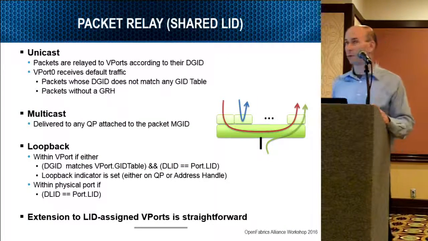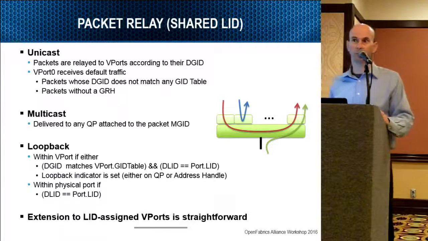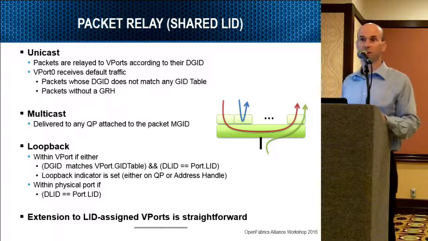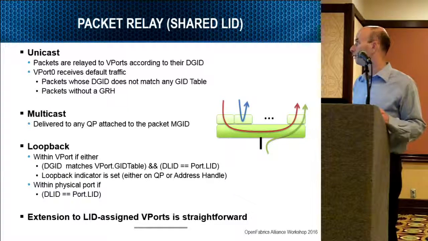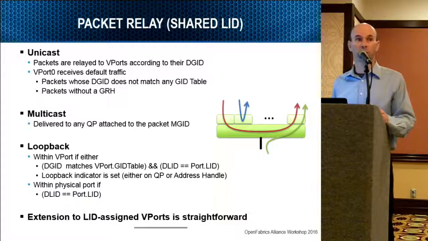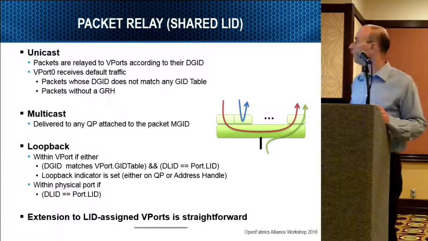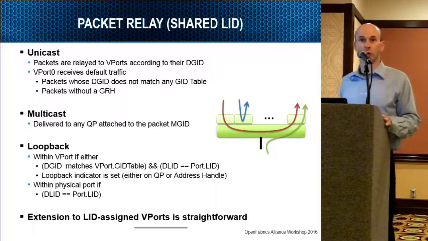Let's talk a little bit about packet relay, because there's no switch here, but we do have switching concepts. We're relaying packets between virtual ports. So the relay is a combination of steering an incoming packet from the wire and loopback. I'll start with the case where we don't have any additional LIDs, which are optional.